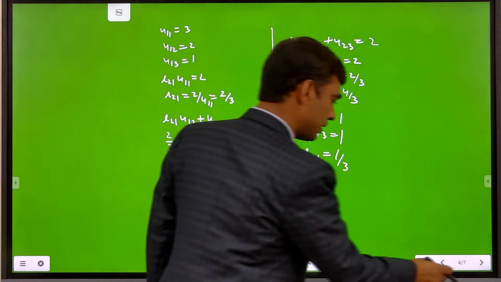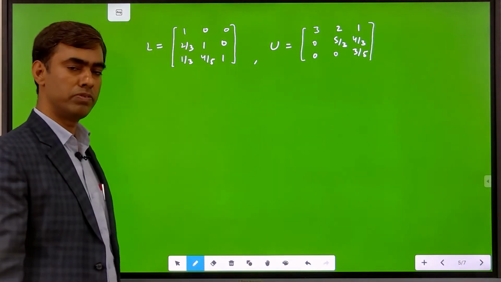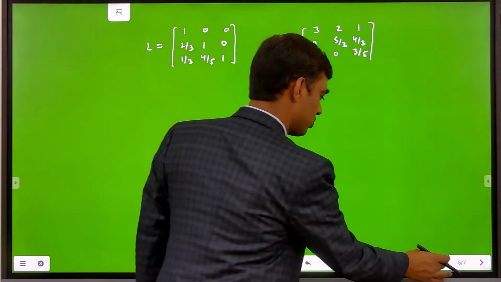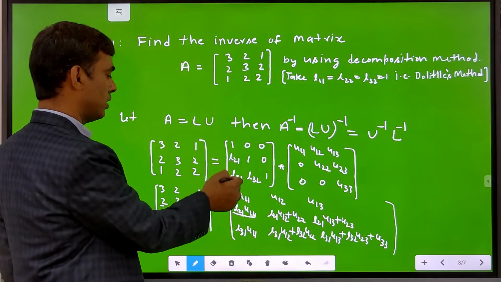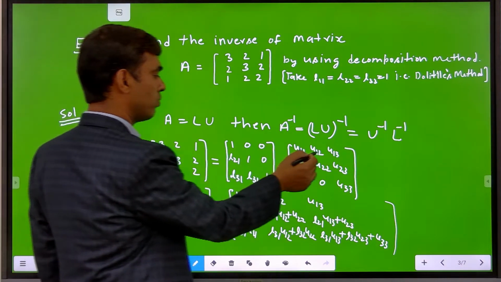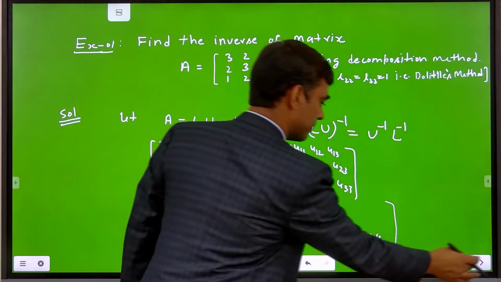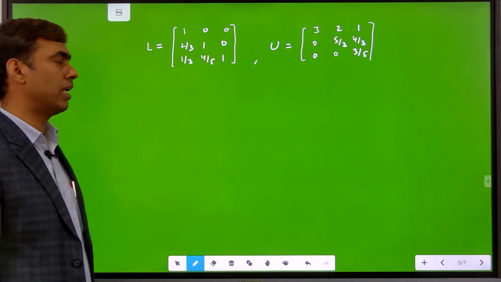So here, in order to save time, we have already written the values of L and U. Once we find all the values of the lower and upper triangular matrix, then we put the values here: L21, L31, L32, U11, U12, U13, U22, U23 and U33. Then this one is the value of L and U.